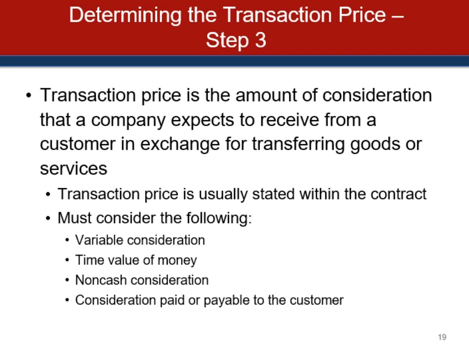Any non-cash consideration, you would have to consider the fair value of those assets, and any consideration that is paid or payable to the customer as a result of certain criteria. So, for example, there may be a penalty for a late completion of the contract.